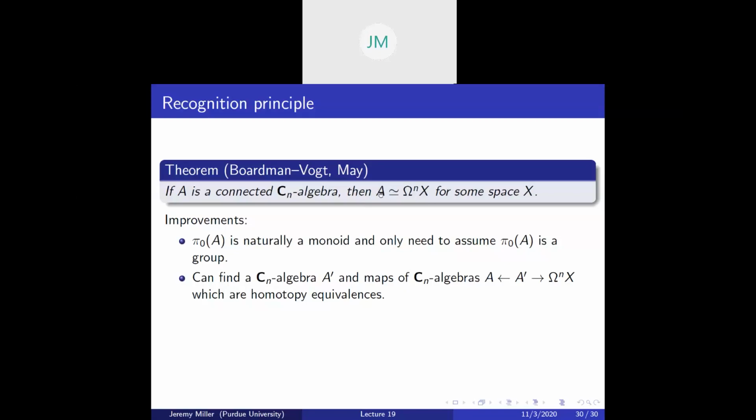You can replace the assumption that it's connected with that pi 0 is a group. So you should think of pi 0 being connected as sounding like a point-set topological condition. We should really think of it as an algebraic condition. If pi 0 is connected, then it has a single element, so it's the 0 monoid or the 1 monoid, whatever you want to call it. So it's a statement that the monoid happens to have inverses.